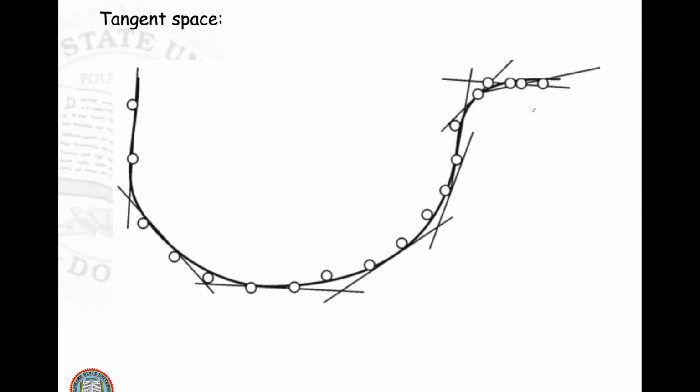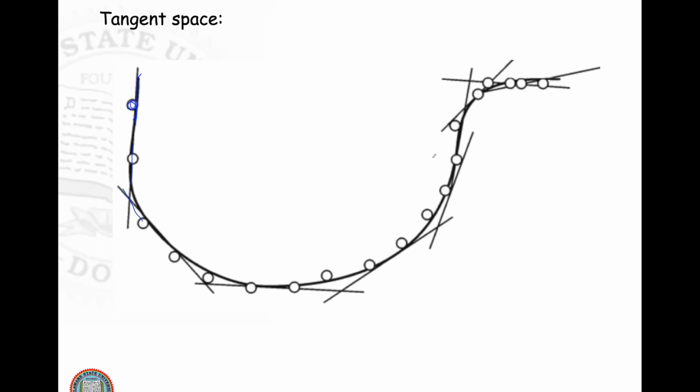And if we were to take the tangent lines going across the entire surface, this is a nonlinear manifold, and each one of these points is a point on that manifold, and each one of these line segments is a tangent to that manifold at the point of interest. So we have a tangent line here, tangent line here, tangent line there.